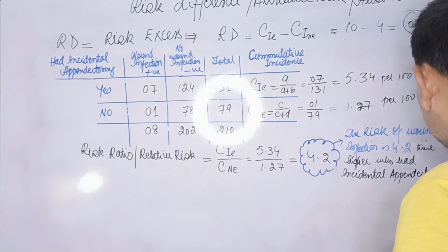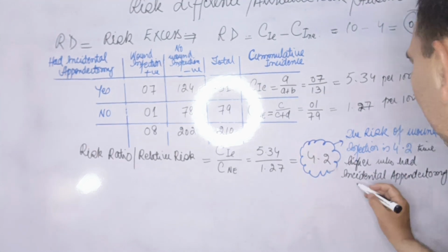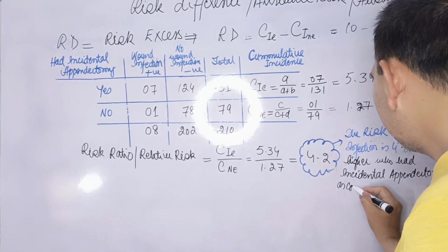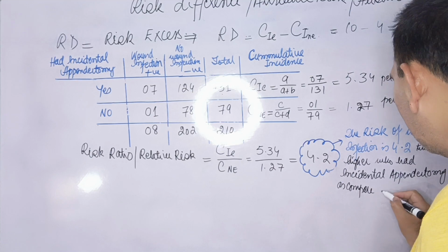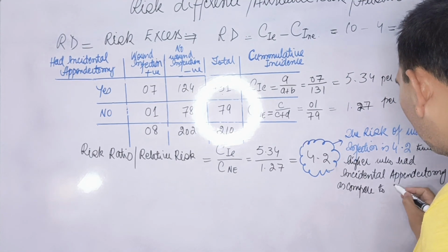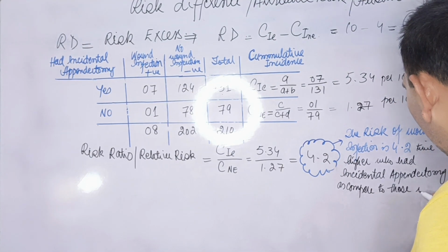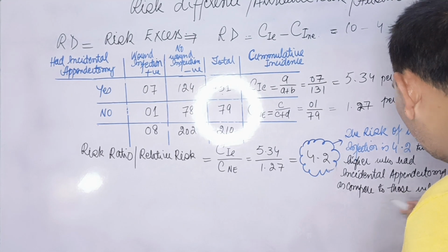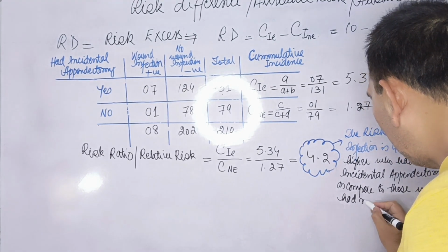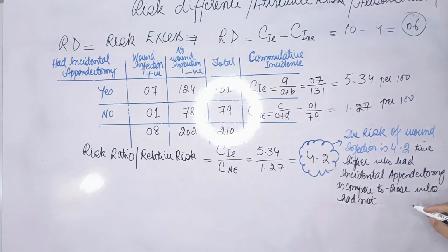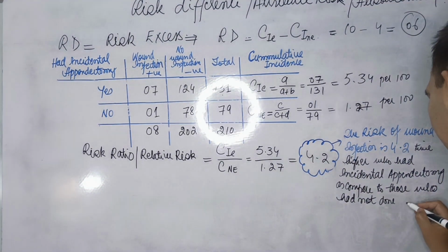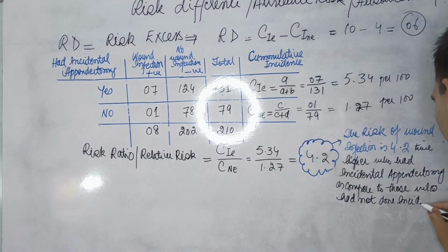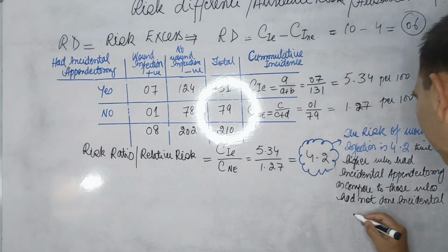who had done the incidental appendectomy as compared to those who had not done the incidental appendectomy.